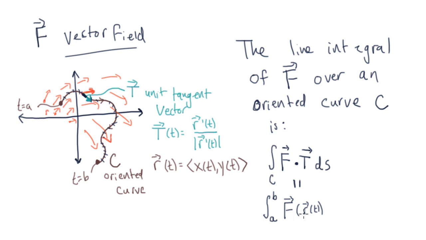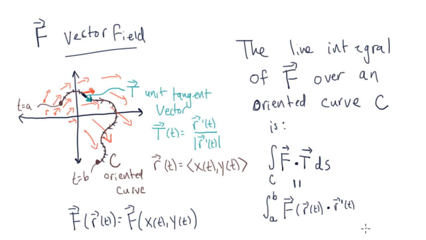Well, recall that F is really going to be a function of x and y. So when I write F of r of t, sometimes this is shorthand notation just to avoid writing all of this, but what I mean is F of x of t, y of t, like that. So I have that, and then I'm going to do the dot product with r prime of t.